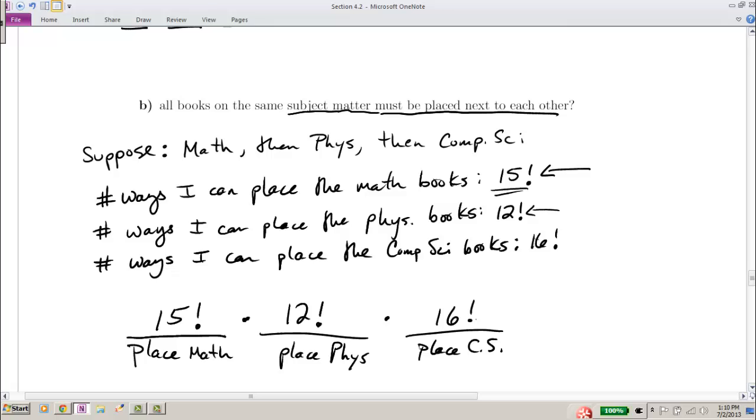And we're not done quite yet because, of course, here I said suppose that we place the math books first, then the physics, then the computer science books. I could mix up that ordering. Maybe I want the physics books first, and then the computer science, and then the math books.